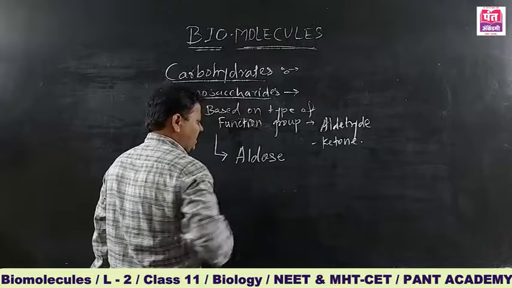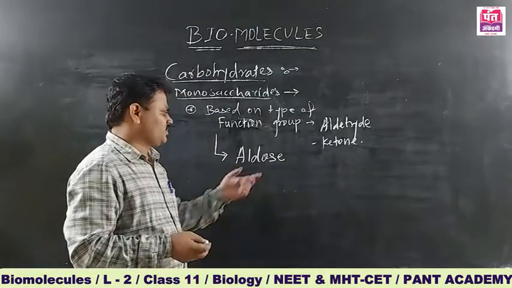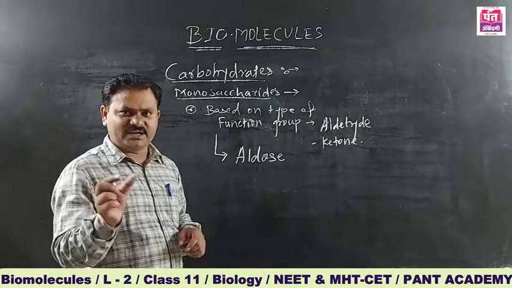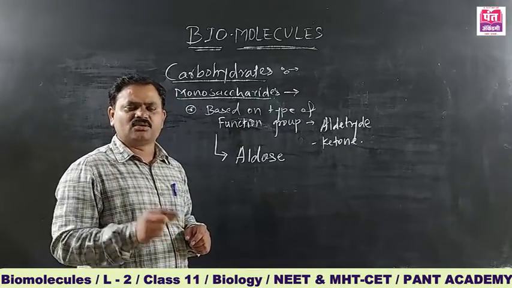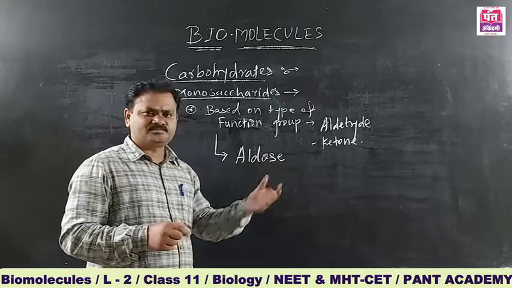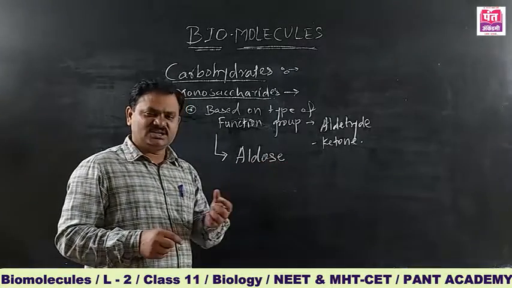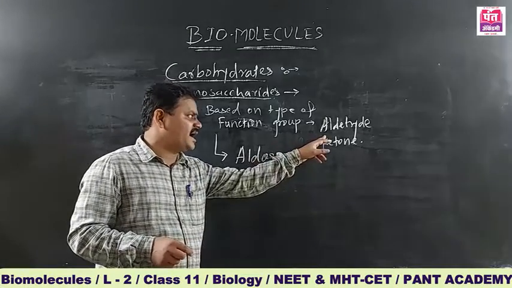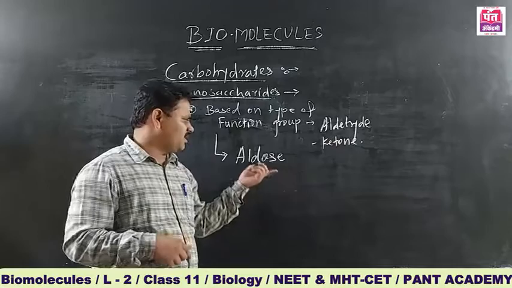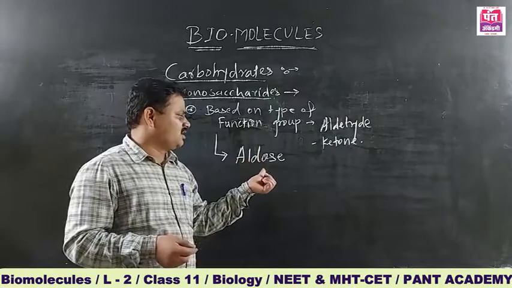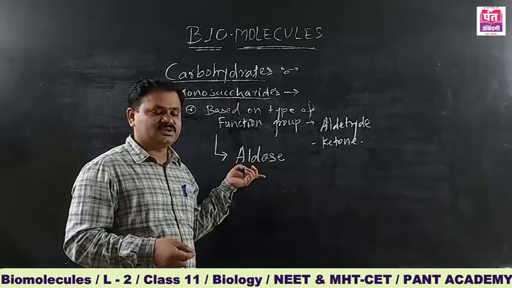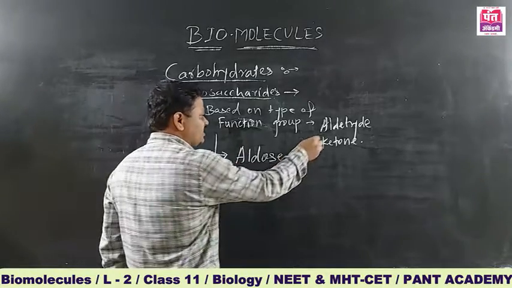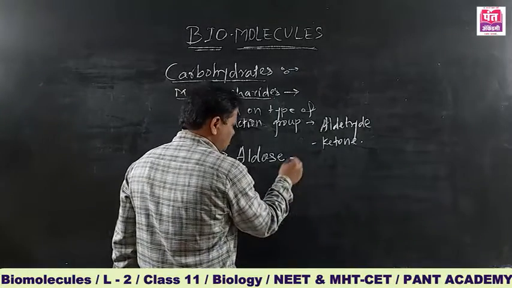As we saw yesterday about naming sugars, if the suffix is OSE, you can consider it a sugar, so the aldehyde name is modified by putting the OSE suffix, and the name becomes aldose. Such sugars which contain aldehyde are the aldoses.